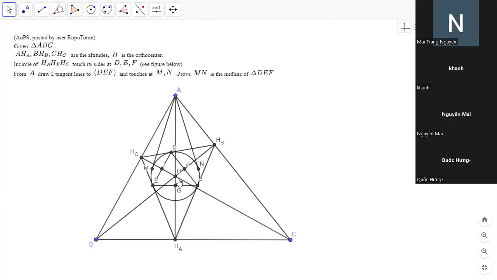So yeah, because it's well known that H lies on the angle bisector of this HCHBHA, and also, clearly the midpoint of this by symmetry lies on the angle bisector. So yeah, that proves that.